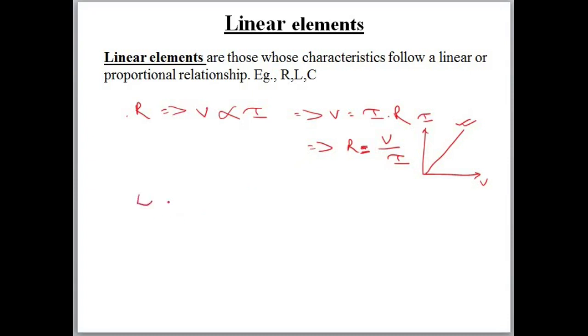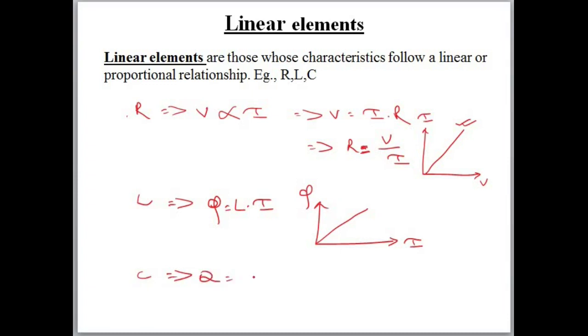Now in case of L, it is phi = L × I. It means phi will increase as I will increase. And in case of a capacitive circuit, Q = C × V, or C = Q/V.